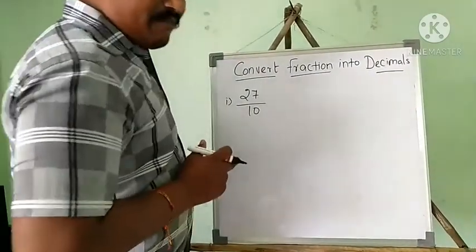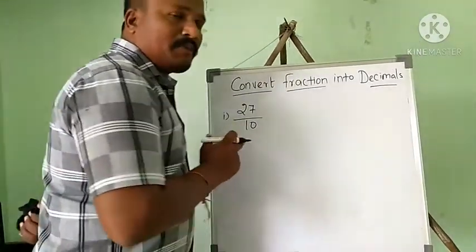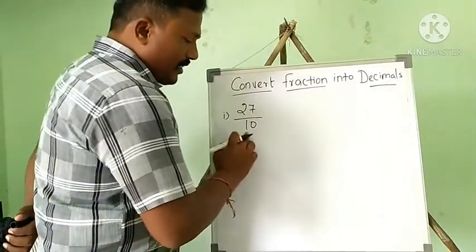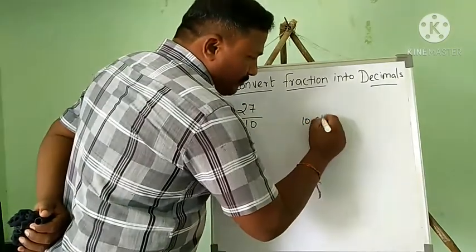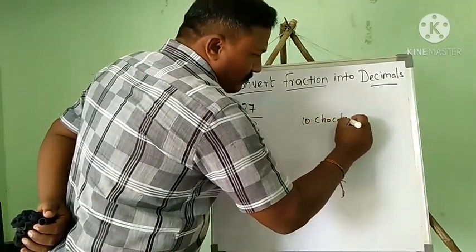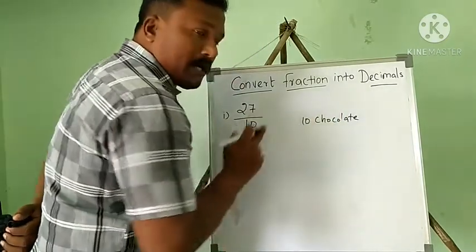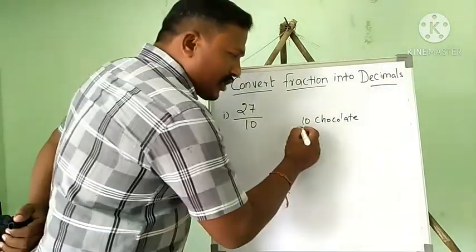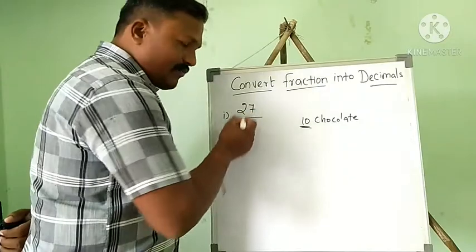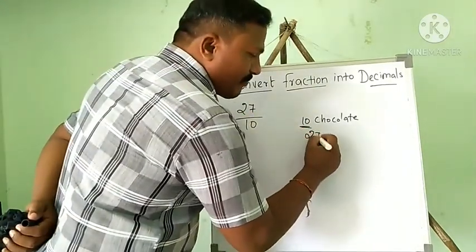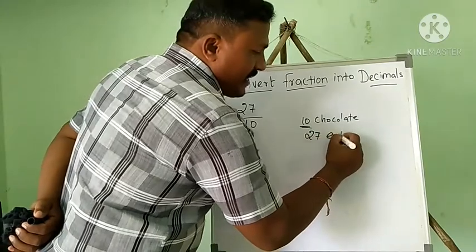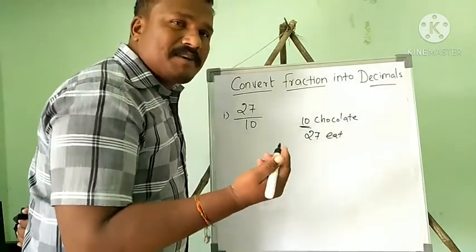What does it mean? Why do we say it is an improper fraction? Say one person has 10 chocolates, but the fraction says that the person ate 27 chocolates. How is it possible?